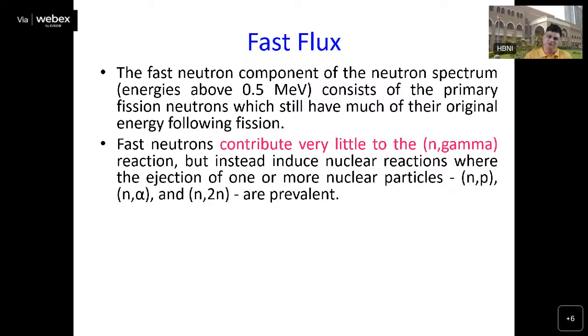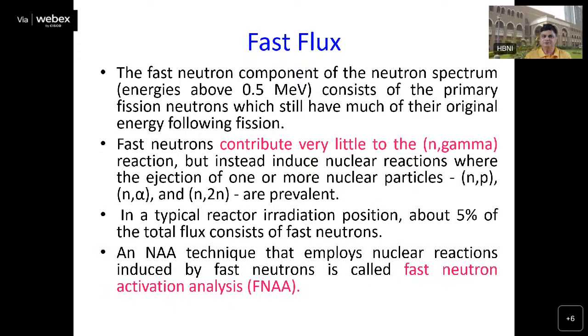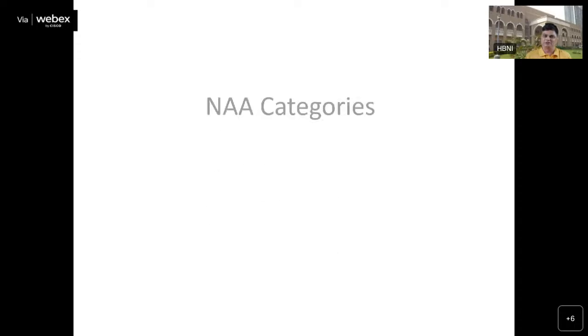Instead, they induce nuclear reactions where the ejection of one or more nuclear particles like protons, alpha particles or even neutrons is prevalent. In a typical reactor irradiation position, 5% of the total flux consists of fast neutrons. If the activation analysis is carried out using these fast fluxes, it is termed FNAA, that is fast neutron activation analysis.